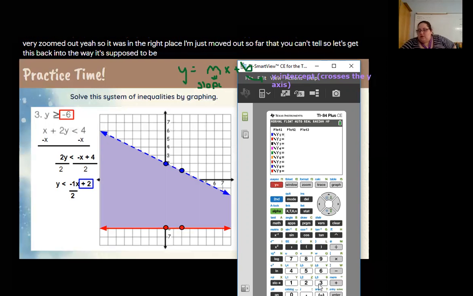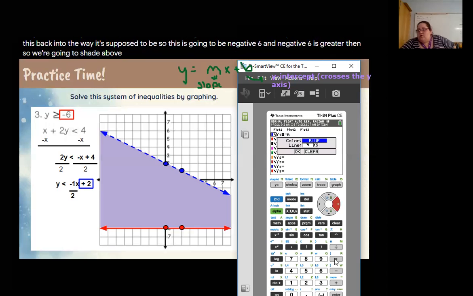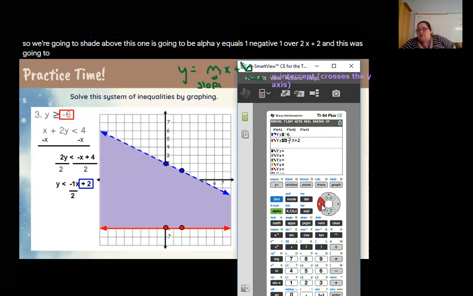So this is going to be -6. And y is greater than -6, so we're going to shade above. This one is going to be y equals -1 over 2 x plus 2, and this one's going to be shaded below.